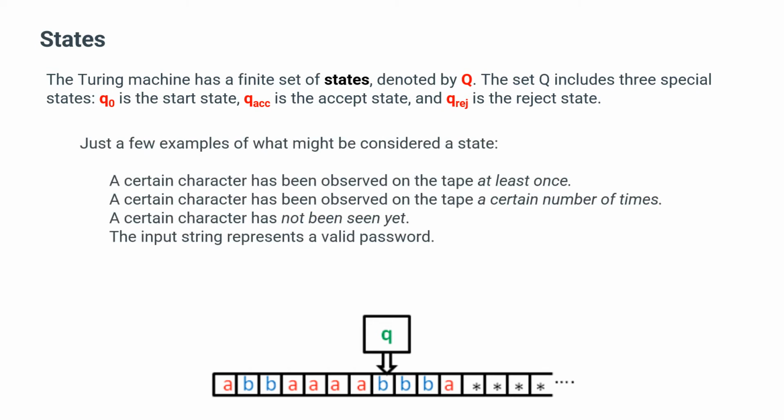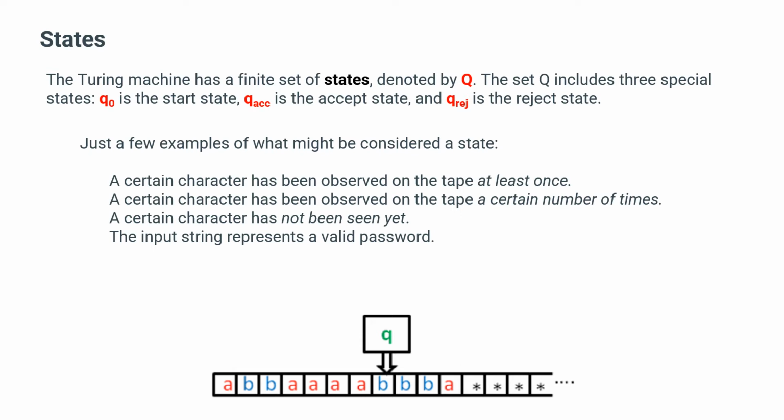So here are some examples of what might be considered a state at any given point. It would be different depending upon what situation we're in and what exact Turing machine we're using, but these are just some examples that might be considered a state in a certain Turing machine. Maybe a certain character has been observed on the tape at least once, and maybe we care about that, so that would be something that we might want to keep track of.